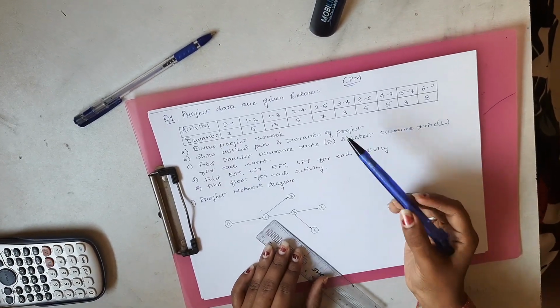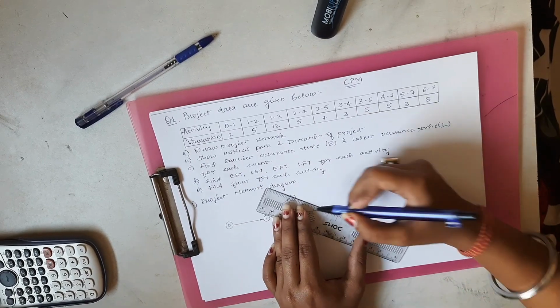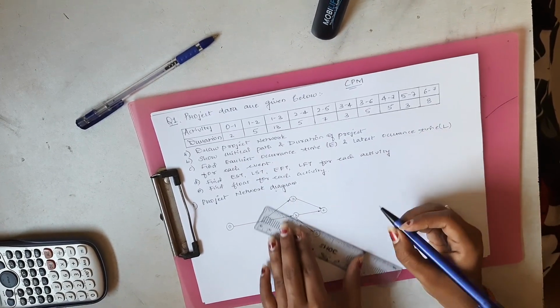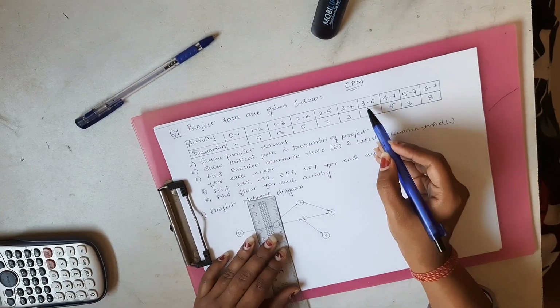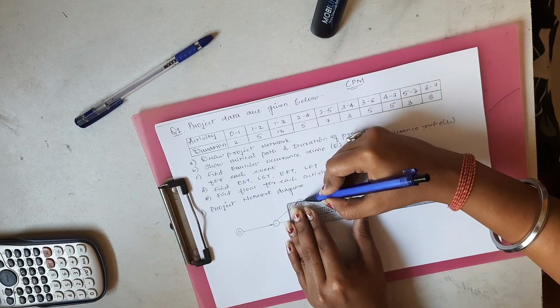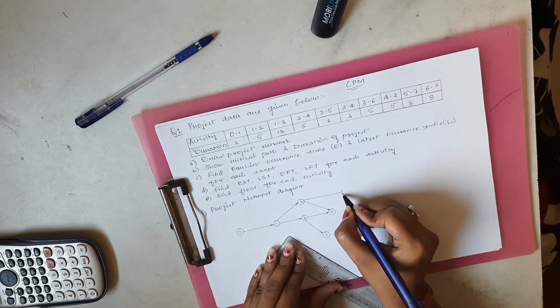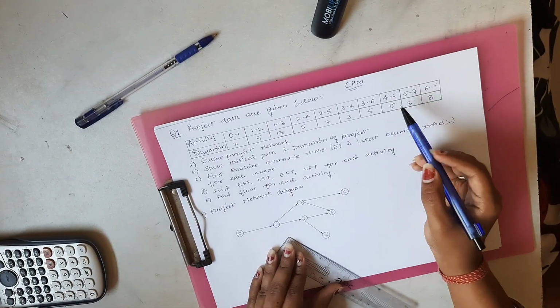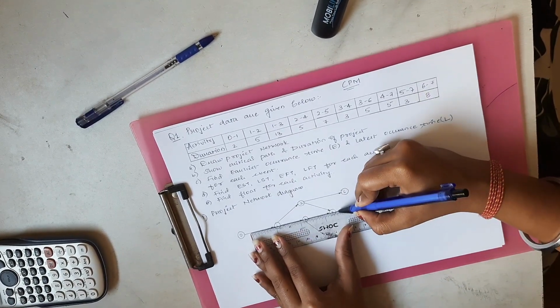Then after that we have 3 to 4. We just need to connect this. 3 to 4, then 3 to 6, we have one more from 3. That is 6. And then from 4 we have 7.